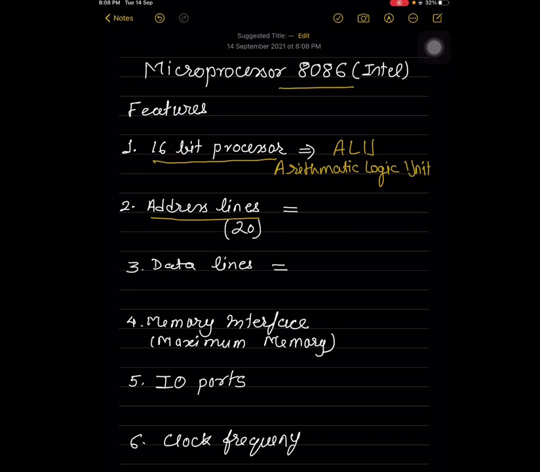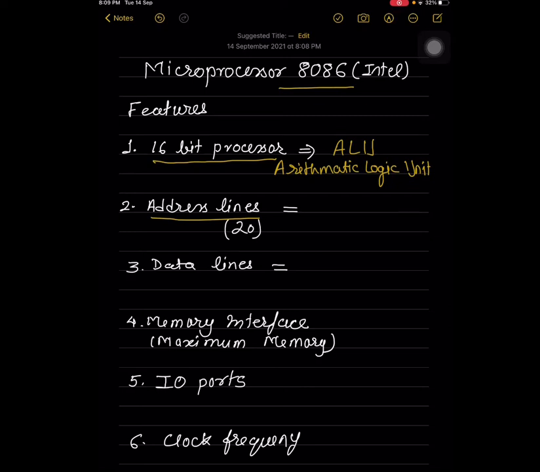Out of so many devices connected with the microprocessor, if the processor wants to communicate with one particular device, that device can be identified from its address. So if we have n number of devices connected with the microprocessor, the processor can communicate with any one device using its address, and this address is transferred over the address lines of the microprocessor.